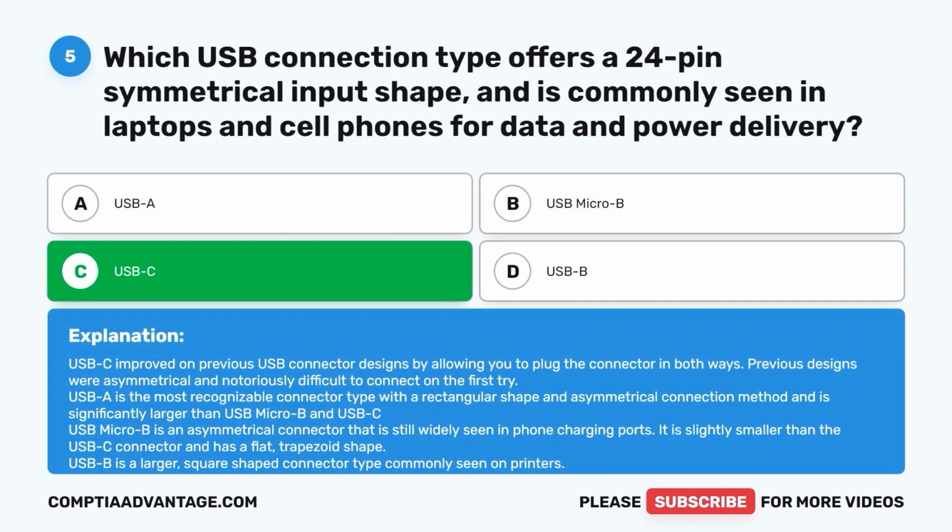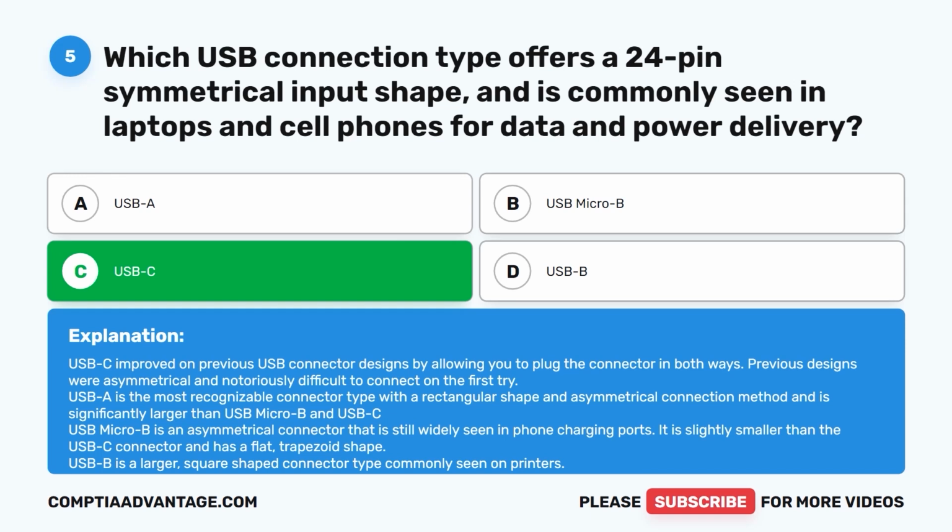USB-C improved on previous USB connector designs by allowing you to plug the connector in both ways. Previous designs were asymmetrical and notoriously difficult to connect on the first try. USB-A is the most recognizable connector type with a rectangular shape and asymmetrical connection method, and is significantly larger than USB micro-B and USB-C.